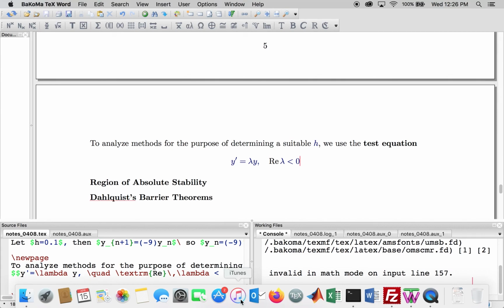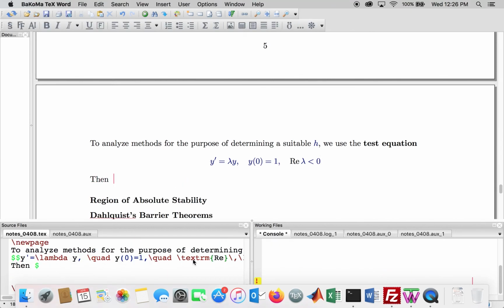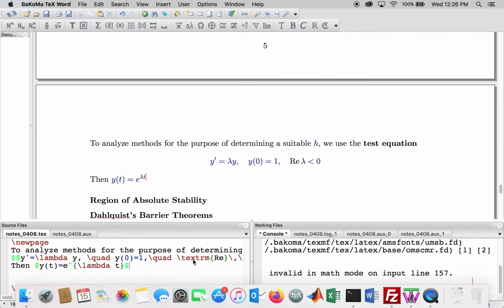So we're focusing on well-posed problems that feature exponential decay, which we generally see for physical phenomena like heat diffusion, for instance. And the initial condition is y(0) equals 1. We know the exact solution: y(t) is equal to e to the lambda t, and because lambda has a negative real part, it's decaying to 0.